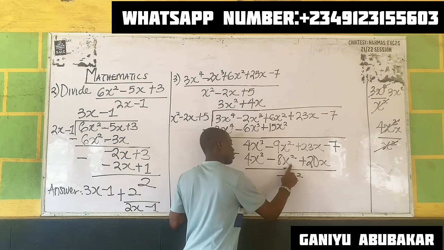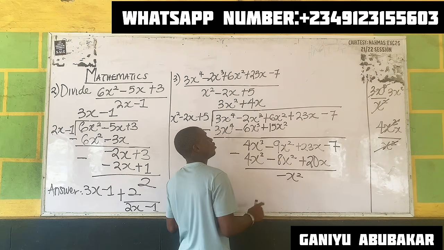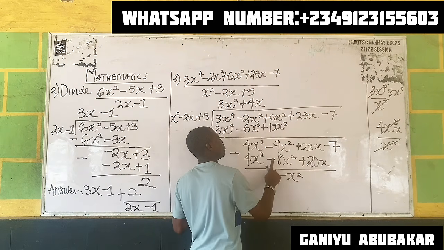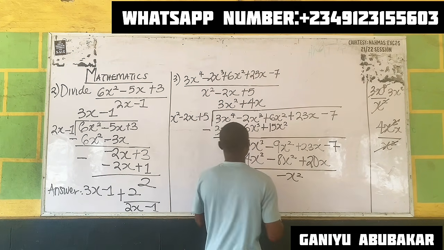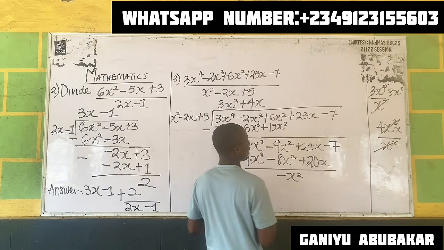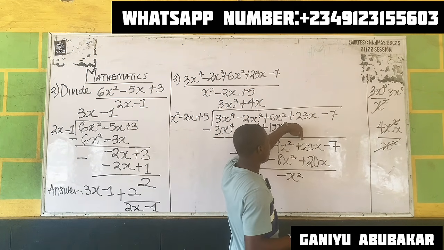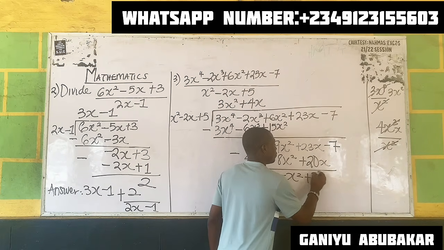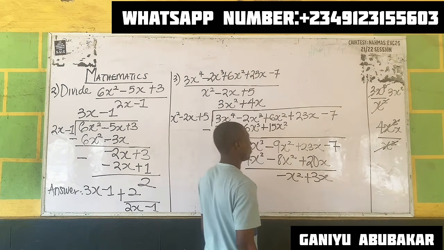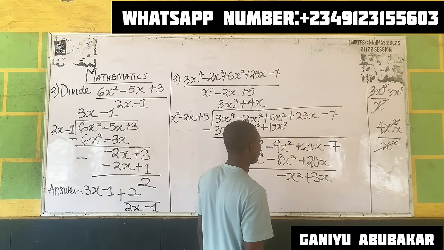So this is plus 8x squared in disguise. Negative and positive gives you negative. So plus 23x minus 20x gives you positive 3x, right? So we're done with this list.